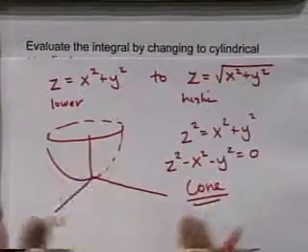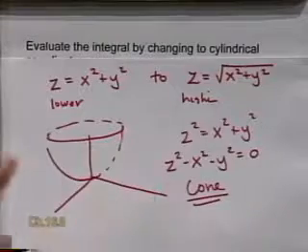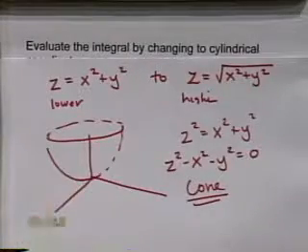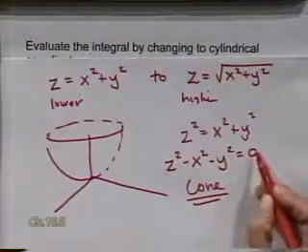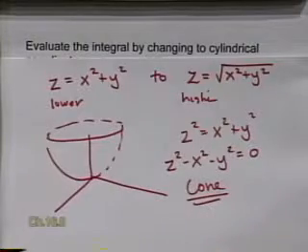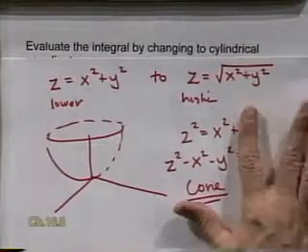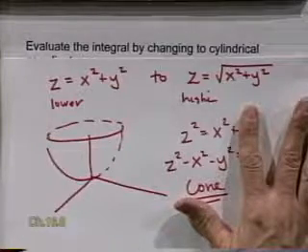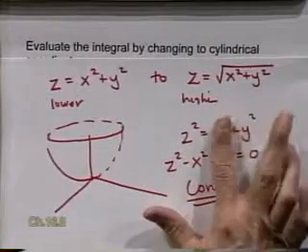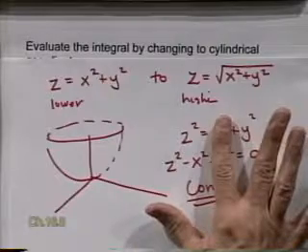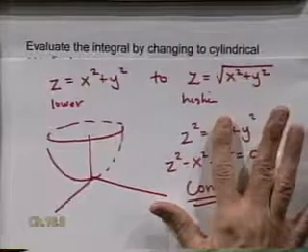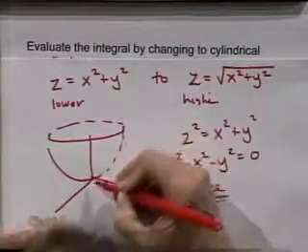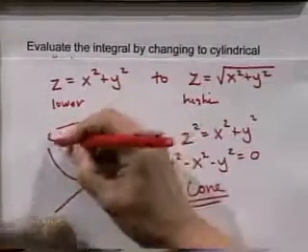It could be 1 minus and 2 pluses, because if you multiply through by a negative, you get the same equation. When you get that equals 0 here, you've got a cone. The reason is, if I let y be 0, look what you get here. Z squared equals x squared. That's z equals plus or minus x. That's 2 straight lines. If you let x be 0, you get z squared equals y squared, so z equals plus or minus y. You get another cone. So I'm going to have a cone.